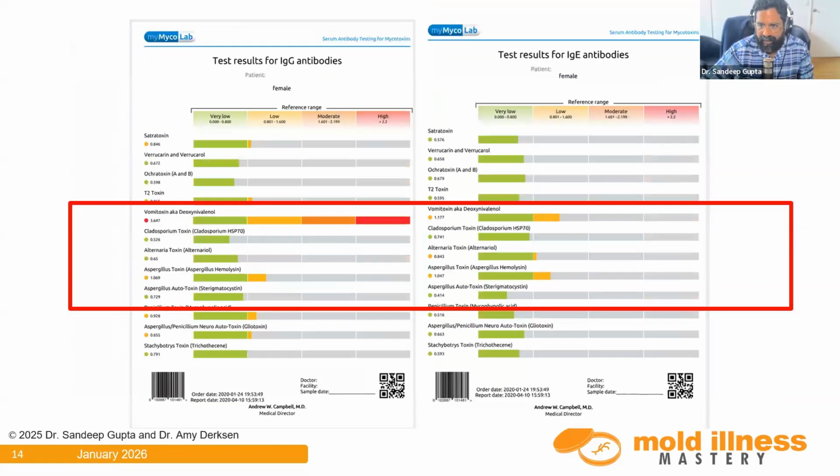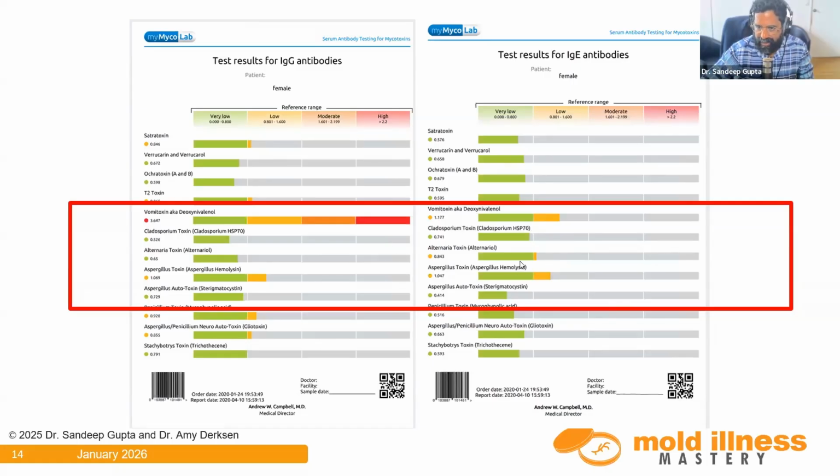And then we also ran the serum mycotoxin antibodies testing. And interestingly on that, there was one that showed up much higher than the others, which is the vomitoxin on the IgG, which tends to correlate more with colonization or infection. And then there was just a few mild reactions on the IgG, which tends to correlate more with mycotoxins exposure.